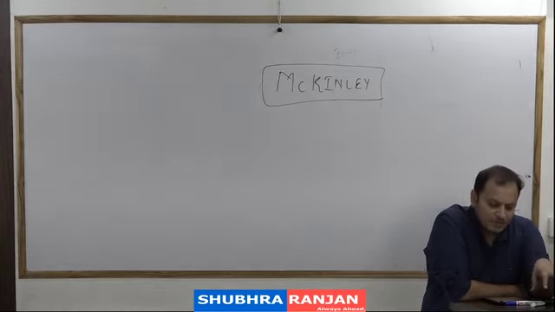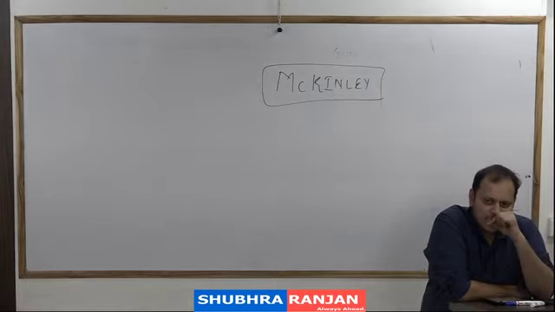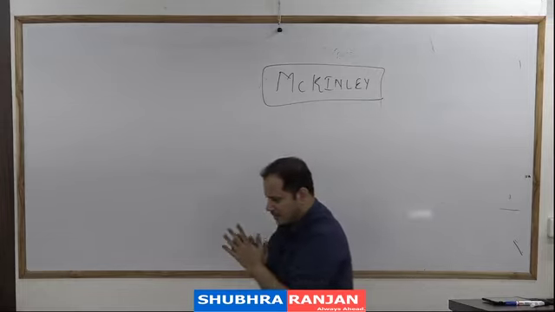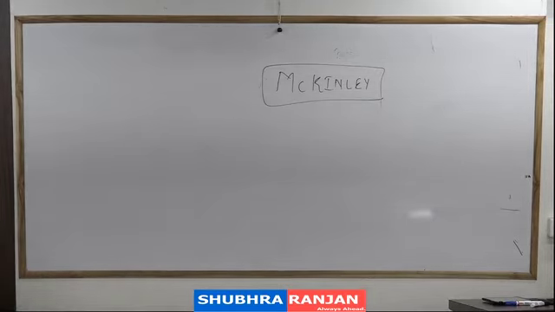McKinley is the highest peak of the Rockies. Lies in which country? Canada or USA? USA. It lies in USA because Alaska is a part of USA. McKinley. You will find McKinley here, Alaska. That is the highest peak of the Rockies.